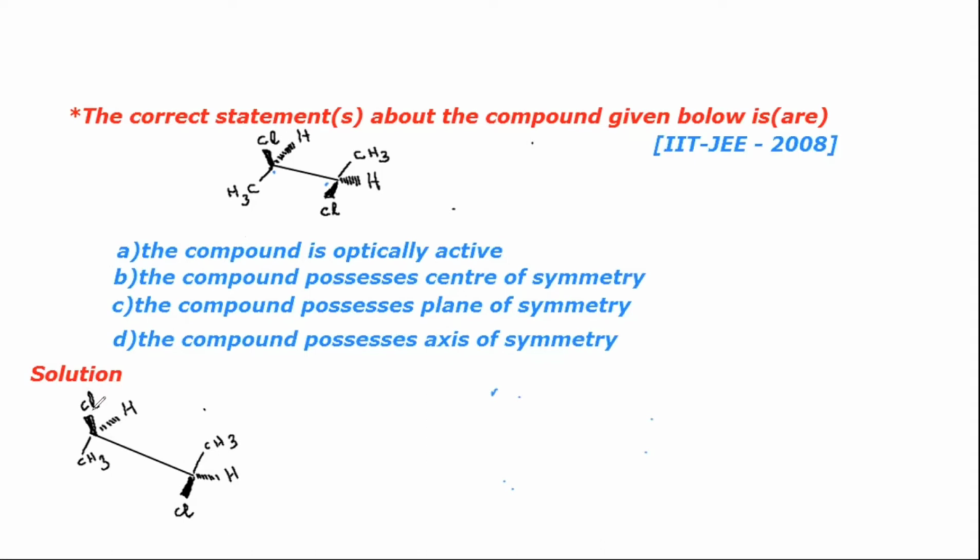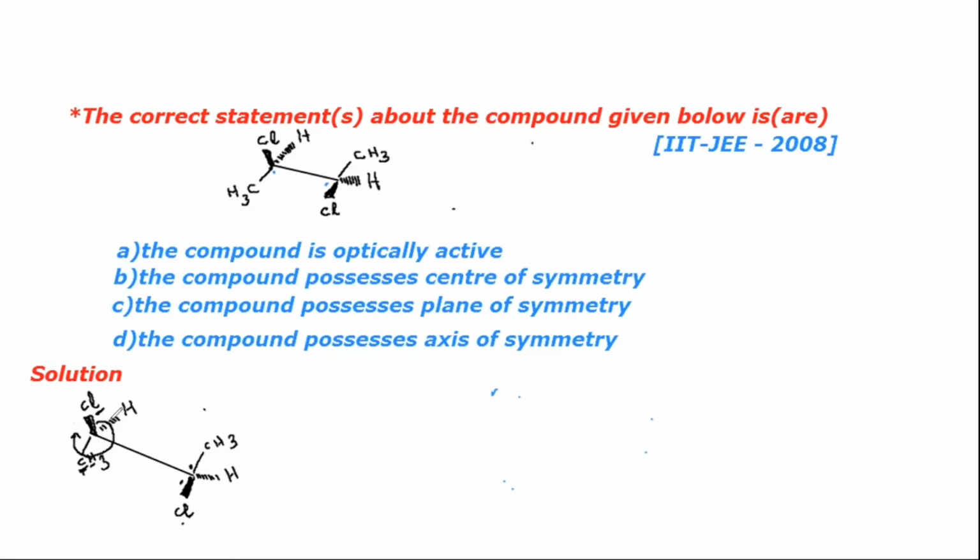Use CIP rules. Cl gets first priority because it has more atomic number. Then in this group, carbon is the first atom. Here also carbon is the first atom, but the second atoms are hydrogens here. But here Cl is the second atom with more atomic number. So this group is given second priority, and this group is given third priority. So the first, second, third priority groups are arranged in clockwise direction.